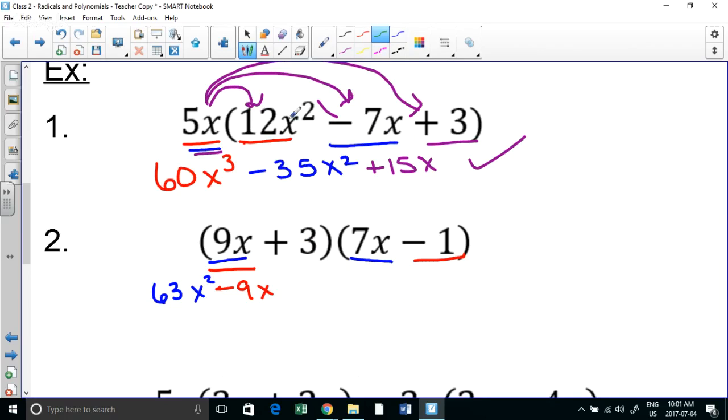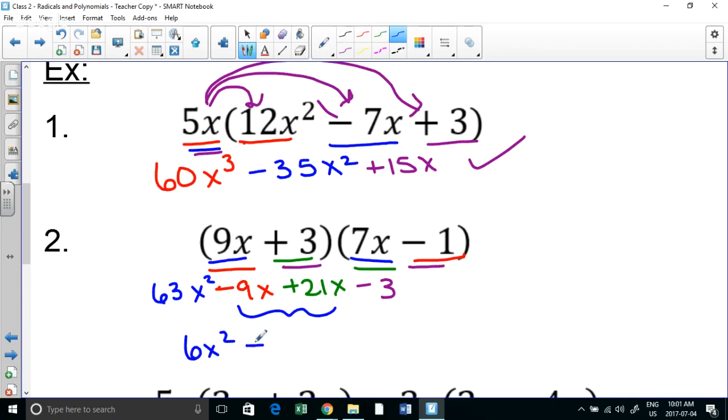Just checking to see if you're paying attention. Get the 3 with the 7, 21x. Finally, 3 times negative 1 to give me minus 3. I can put these two terms together because the x squared doesn't go with anything, so it'll just stay. 9x, negative 9x and the 21x are going to give me 12x.